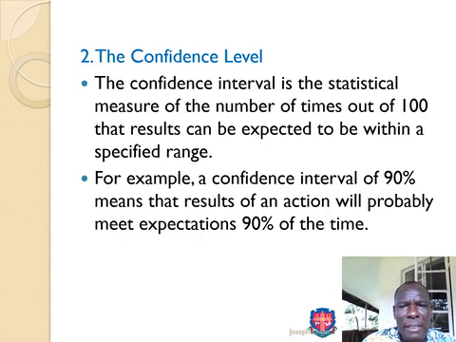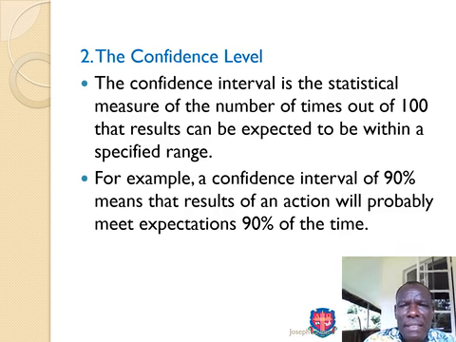The second criterion is the confidence level. What is confidence level? The confidence level is the statistical measure of the number of times out of 100 that results can be expected to be within a specified range.